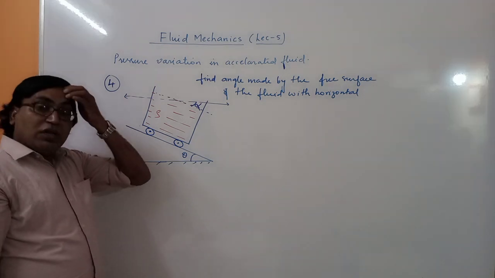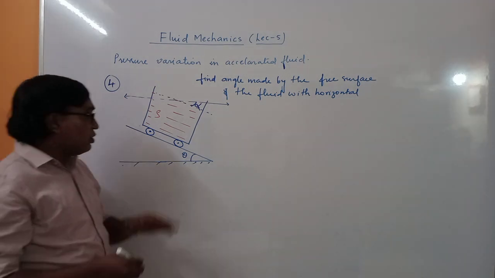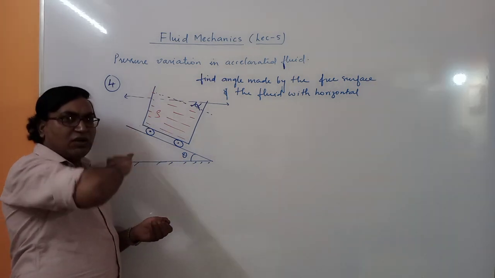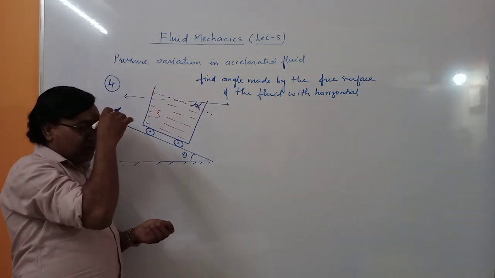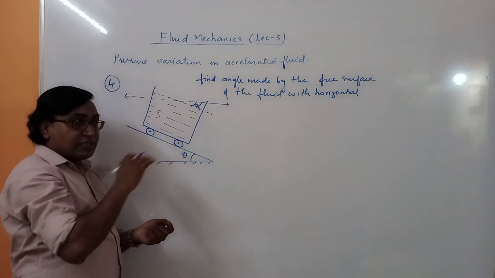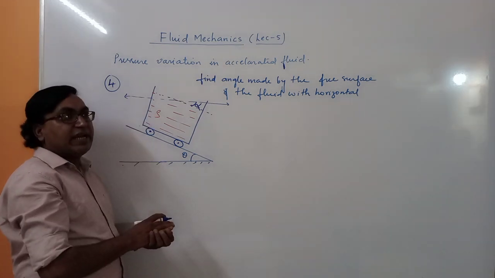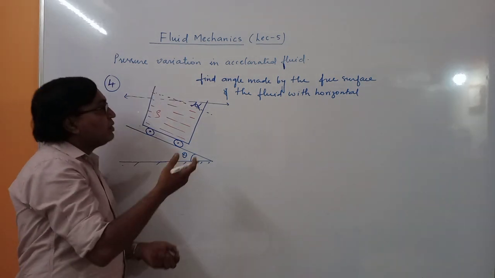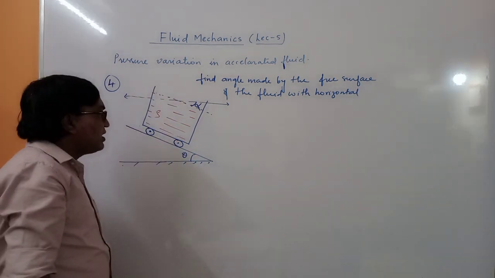Now, how to solve this problem? So first of all, we have discussed all the accelerations along horizontal direction, the angle made by the free surface, and also along vertical direction, the container accelerating along vertical direction. So we'll apply all those concepts here.